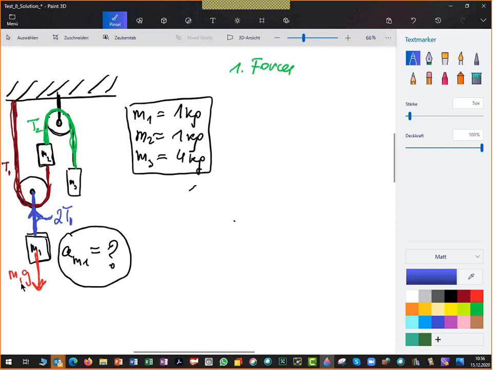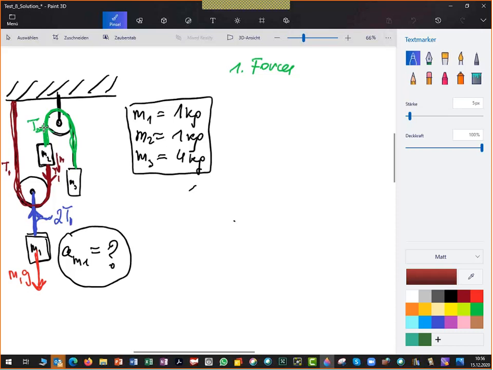So what about M2? Here we have three forces. It experiences tension T1, which pulls it downwards. It experiences tension T2, which pulls it upwards. And of course, M2 also experiences gravity, so we have the M2 g force, which is, of course, also downwards.